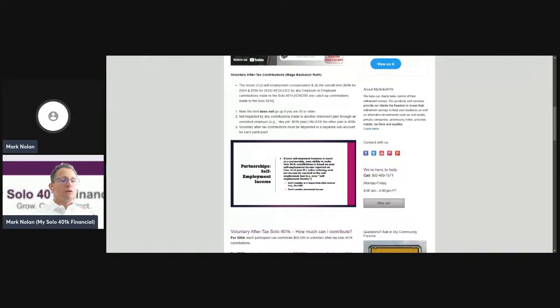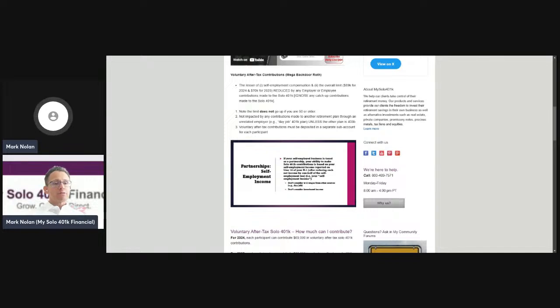Whether you contribute the full limit, which is $69,000 for 2024 or $70,000 for 2025, to that Walmart 401k, or just some funds, that's not going to impact your voluntary after-tax solo 401k contributions. Therefore, you would still qualify to make the full voluntary after-tax solo 401k contribution overall limit of $69,000 for 2024 and then $70,000 for 2025.